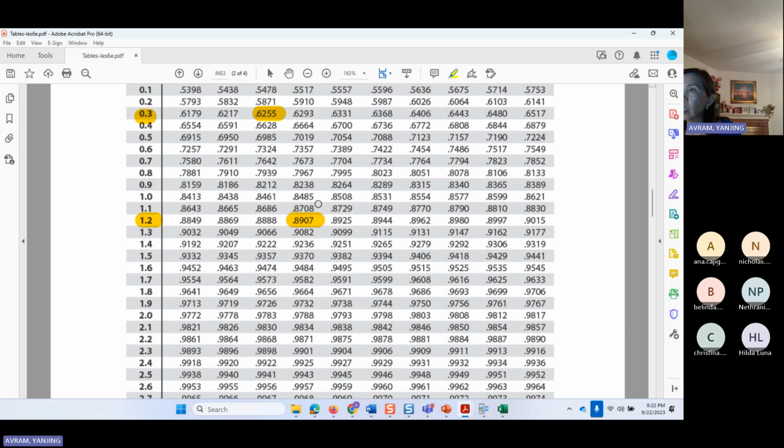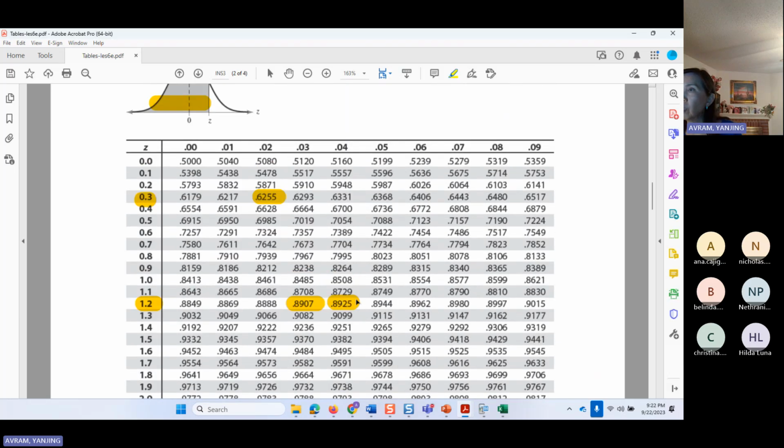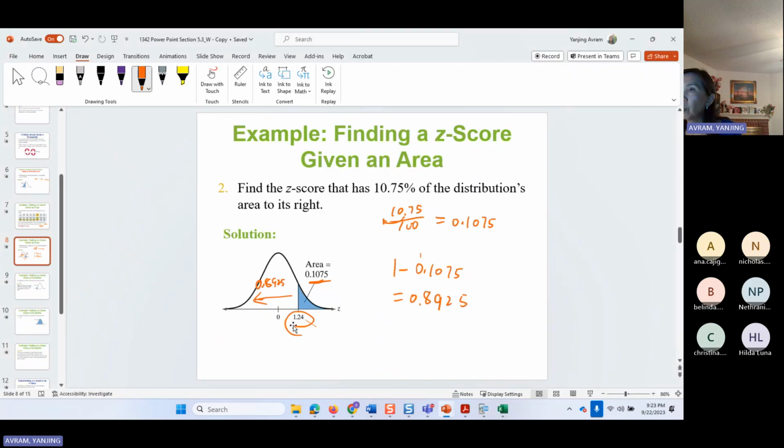You can see 8925 somewhere right here. All right, so that's 8925. So that's 1.24, right here. Okay, so that is 1.24. That is your Z-score. All right.